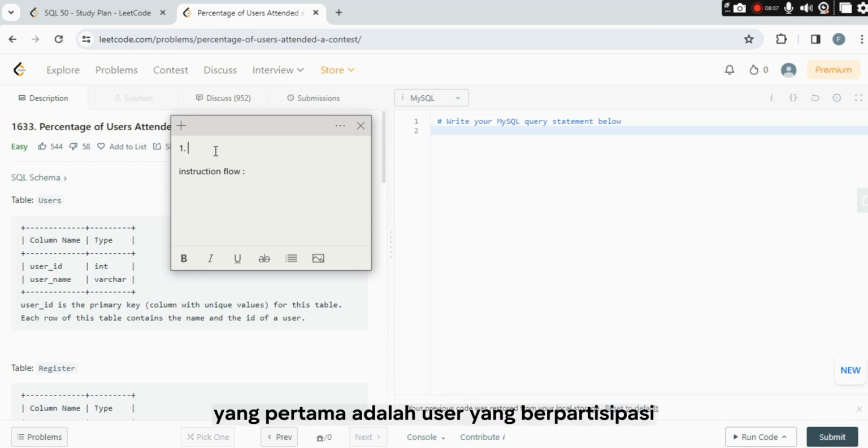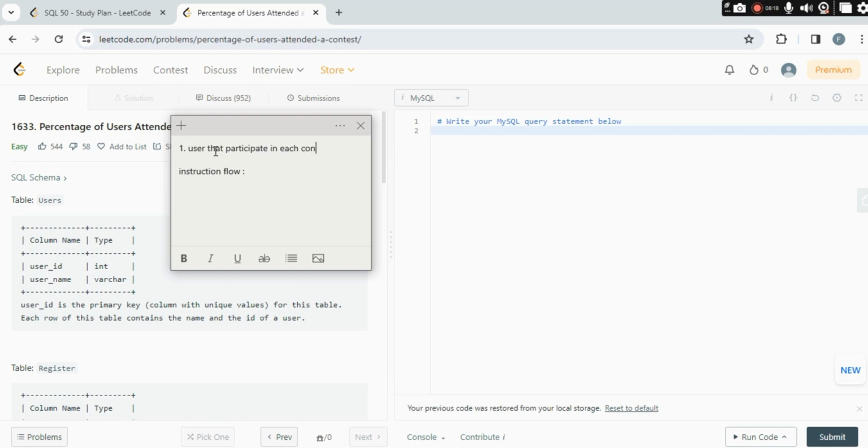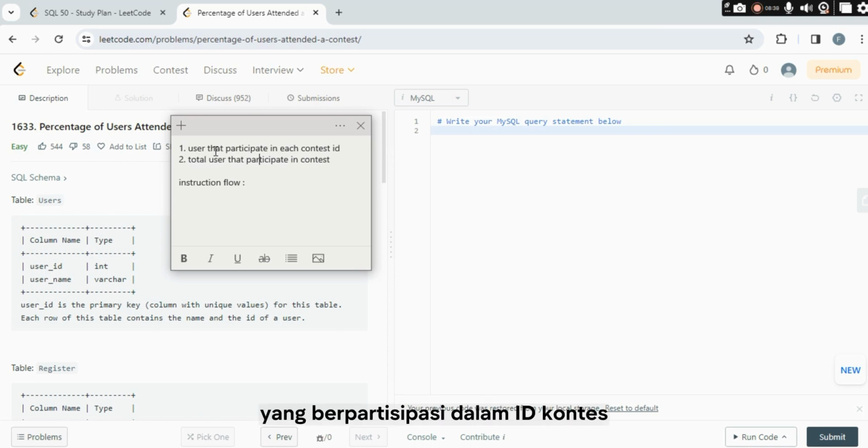The first one is the users that participate in each contest ID, and the second is the total users that participate in contests.